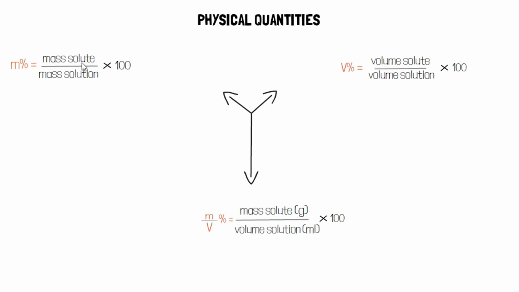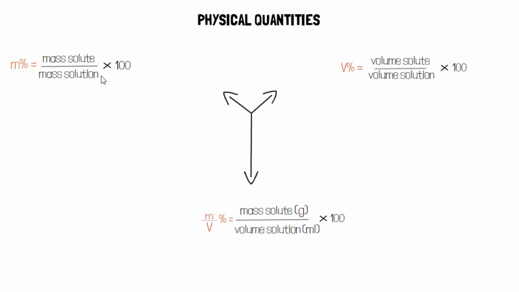Now, keep in mind that mass of solute and mass of solution can be expressed with grams or even with kilograms. We don't care. The only important thing to remember is that you have to put, for example, grams here and grams here. Okay, you cannot put grams on top and then on the bottom put kilograms.